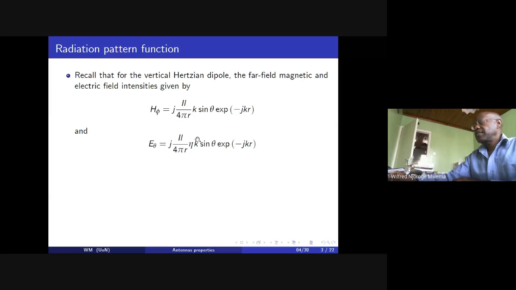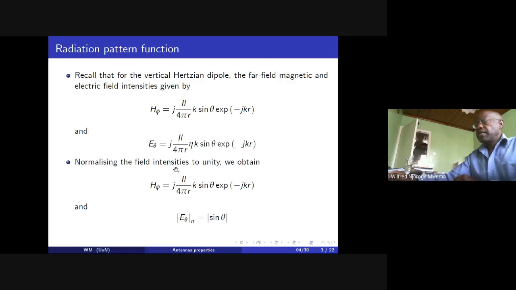I've written it in this form so that we can see all we are doing is to multiply H phi by eta to get the value of E theta. And normalizing the field intensities to unity, we then obtain that H phi is just going to be given by that value there, and E theta n is given by sine theta.